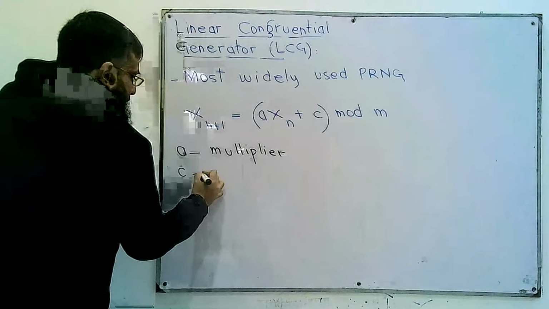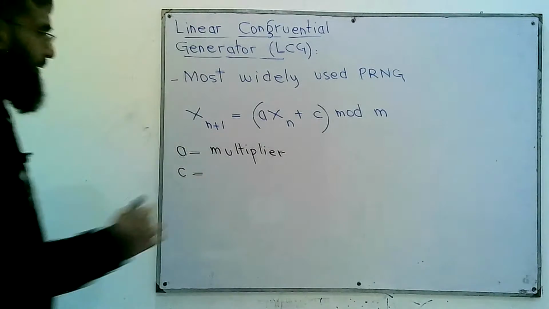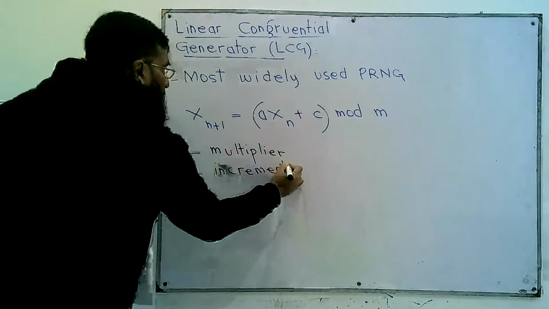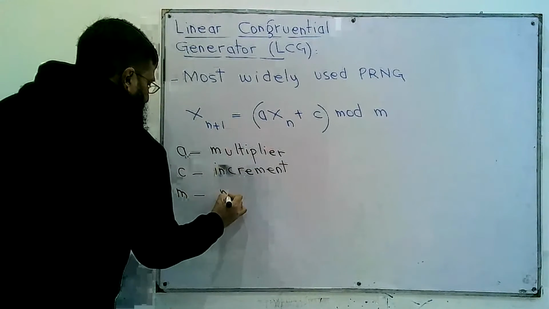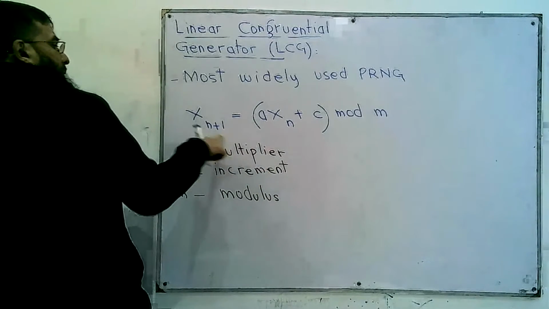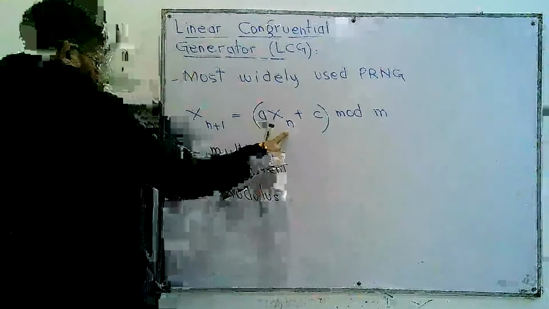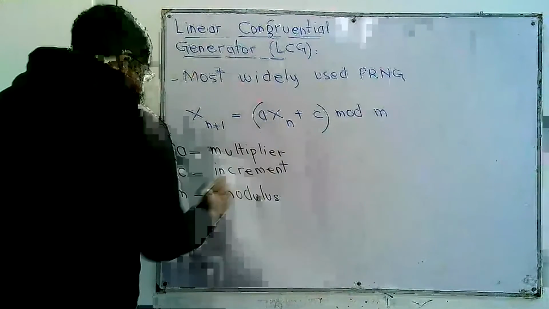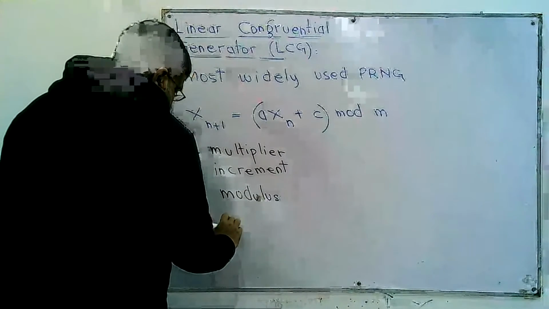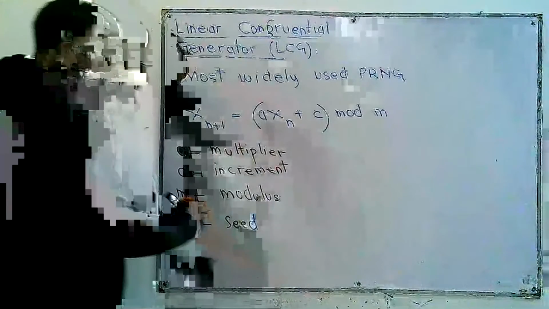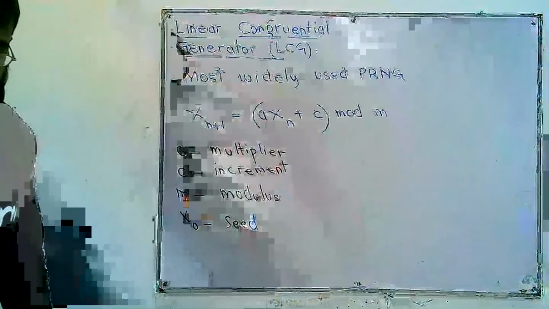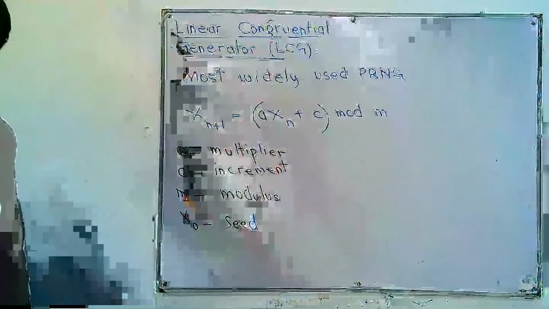C is bias, or sometimes we call it increment or bias, and m is modulus. xn plus 1 is the number at n plus 1 level, and xn is the number at nth stage or nth level, and of course at 0th level, the starting level, x0 is the seed that we require to start your simulation or start your random number generation process.